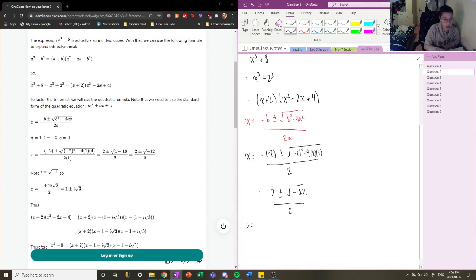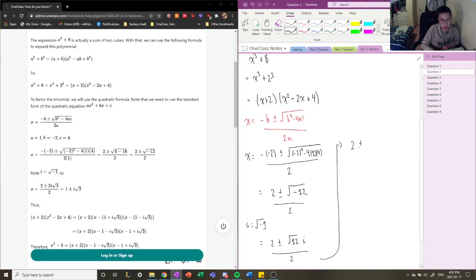So i is equal to the square root of negative 1, and therefore 2 plus or minus the root of negative 12 can also be the root of 12 times i, divided by 2. Okay. And now we're going to make this into radical form.